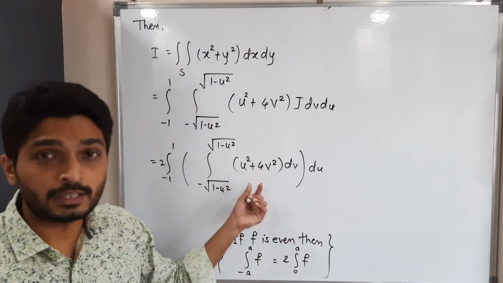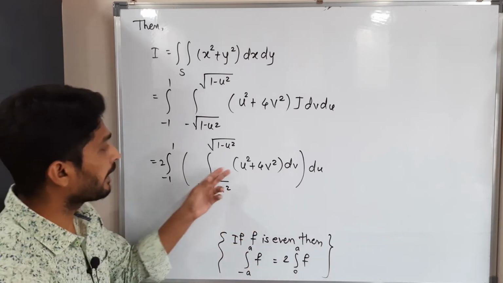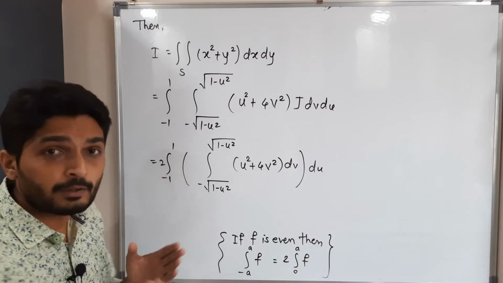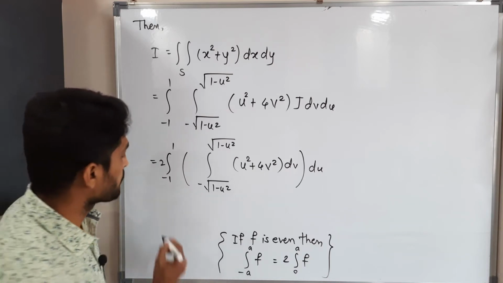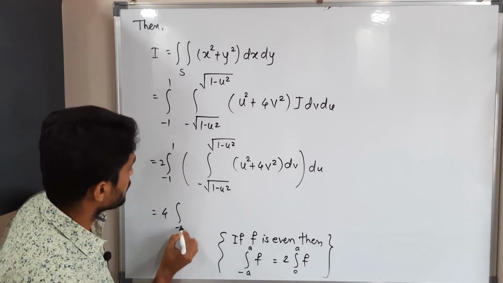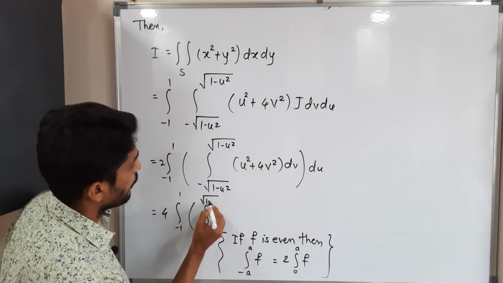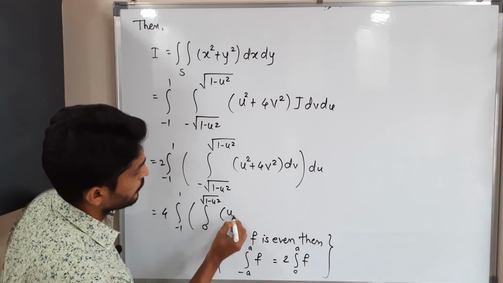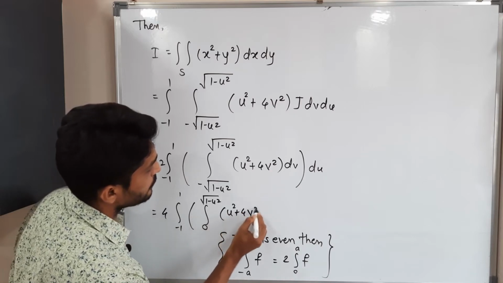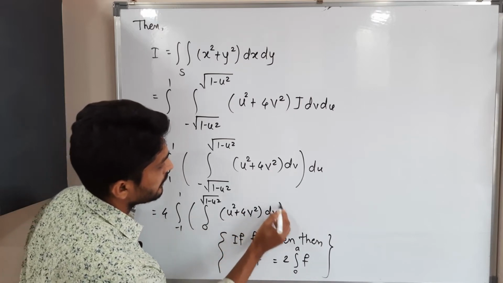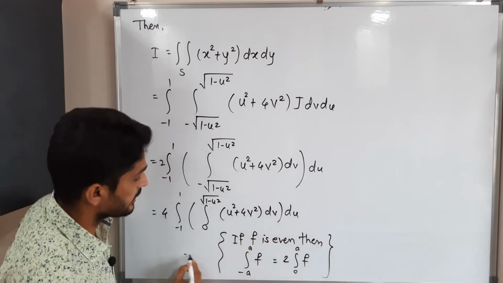This is also an even function, so I will take 2 outside. But 2 is already there, so 2 into 2 is 4. So this is 4 integration -1 to 1 and integration 0 to root 1 minus u square of u square plus 4v square dv du. I use this result here.